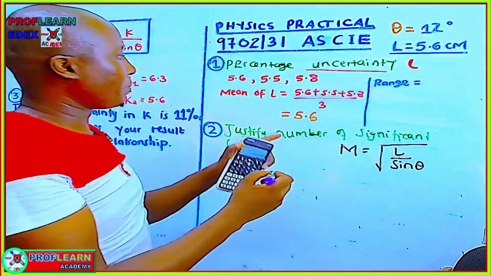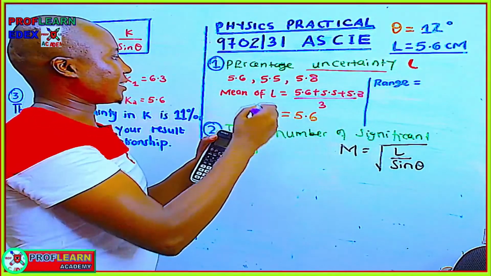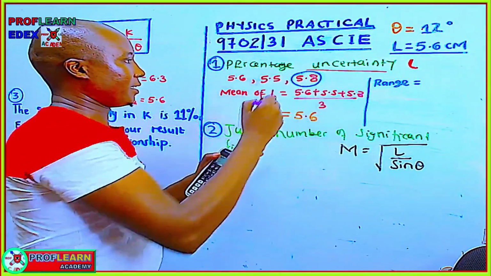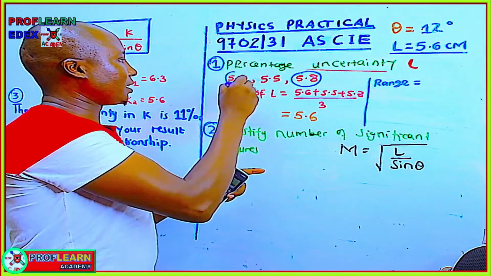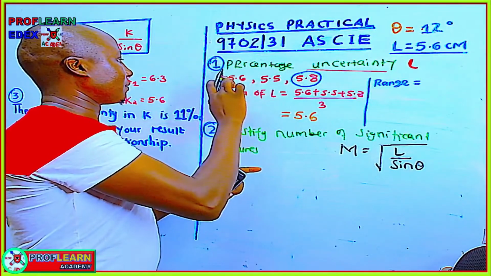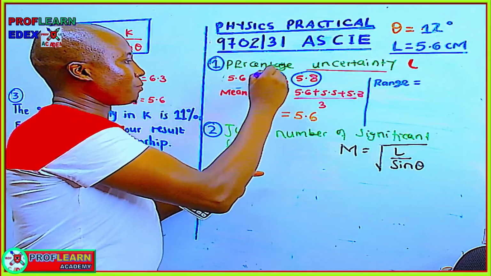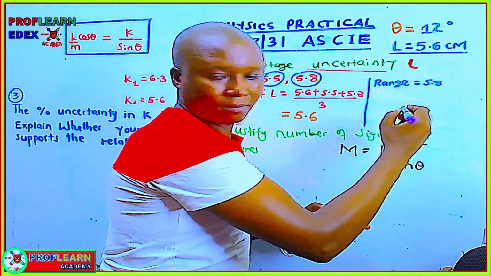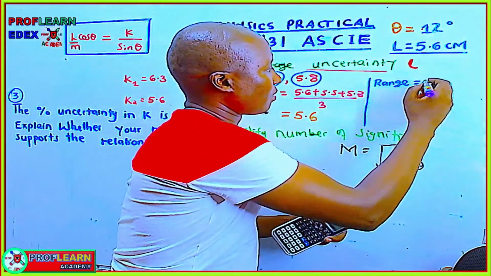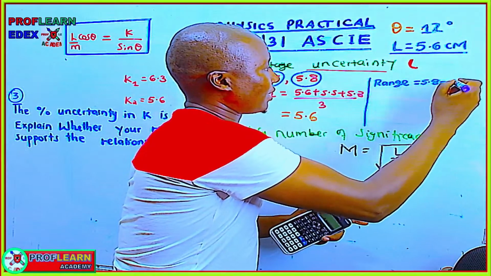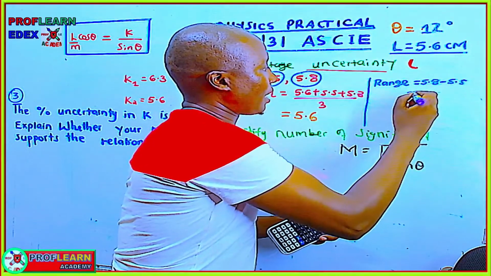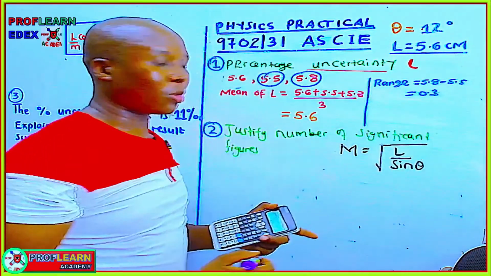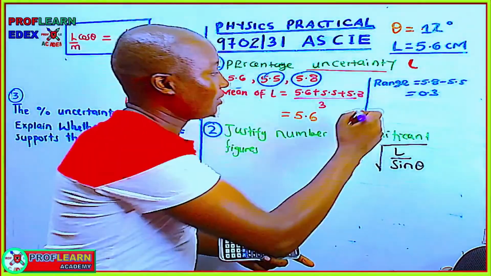And range is going to be the largest number minus the smallest number. So the largest number here is 5.8. The smallest is 5.5. So the range would be 5.8 minus 5.5. I'm going to get 0.3. So how will you work out the uncertainty?